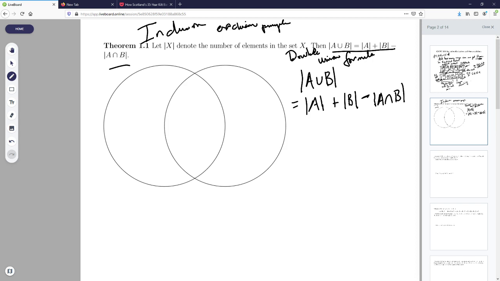The reason why it's called the double union formula is because it involves two sets and we're unioning them. But really what it's doing is counting the number of things in each set. So for instance, if we mark this set as A, we mark this set as B, this is A intersection B.